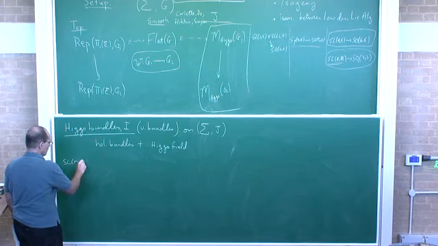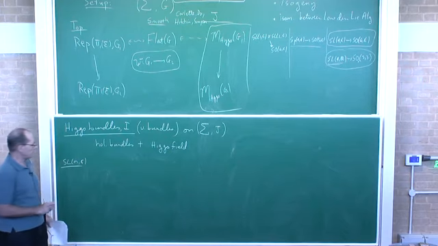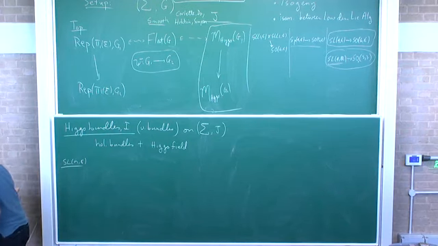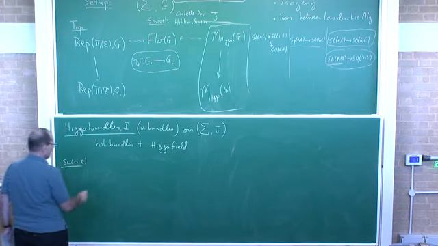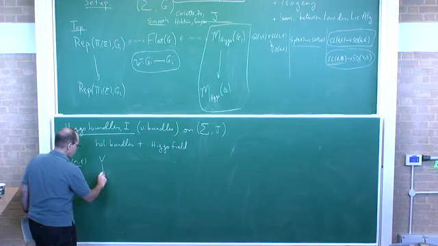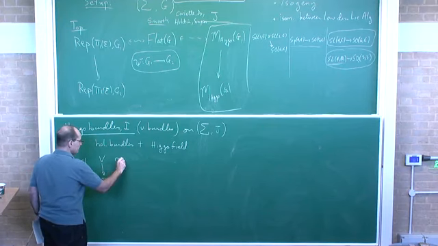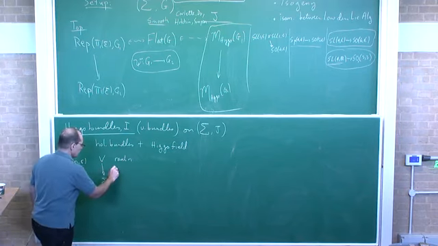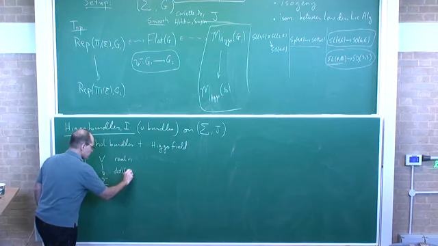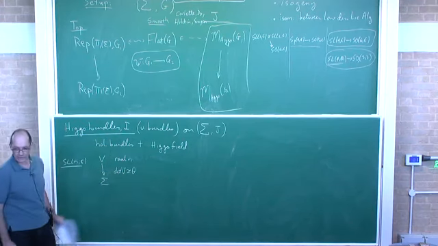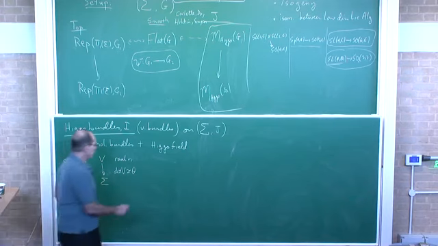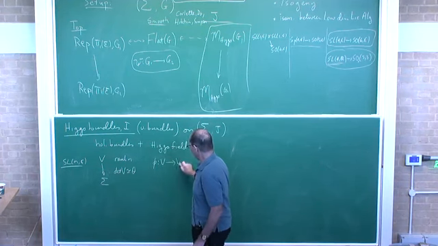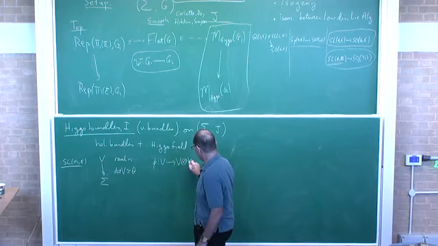So first of all, for SLN, what is a Higgs bundle? It consists of a rank n holomorphic bundle V over sigma, and the S here tells you that the determinant of the bundle is trivial, and the Higgs field is a holomorphic map from V to V twisted by the canonical bundle on sigma.